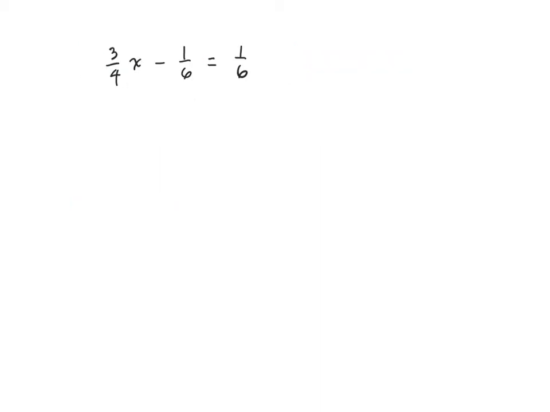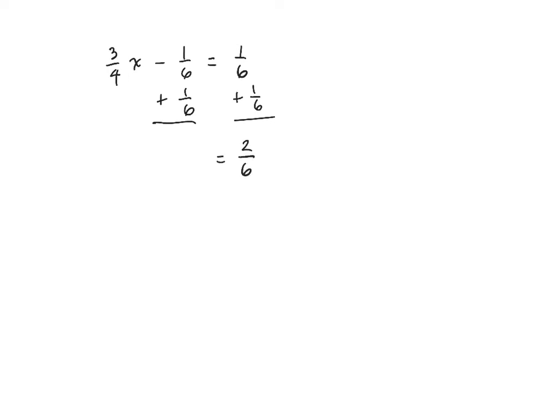So I'll show you a couple of ways to do this one here. We have 3/4 x minus 1/6 equals 1/6. And so if you do this the way that we've been performing these problems, I would start by adding 1/6 to both sides. Now thankfully, I have common denominators on the right, so that's just 2/6.